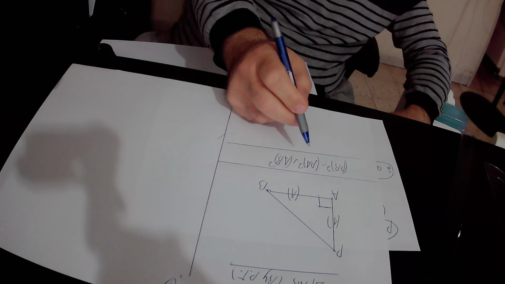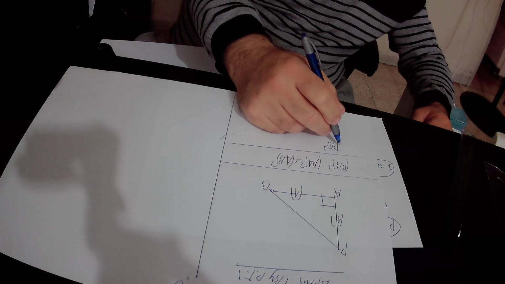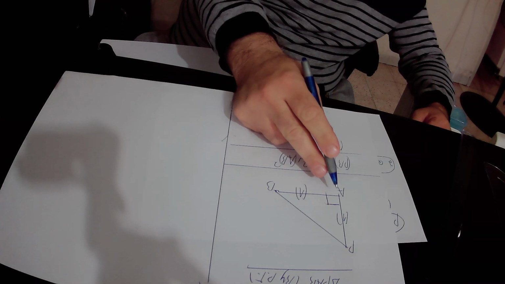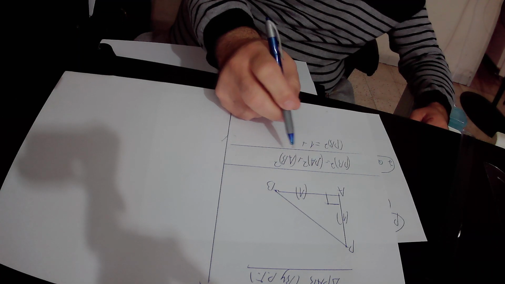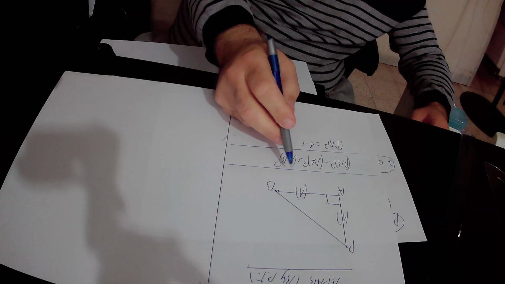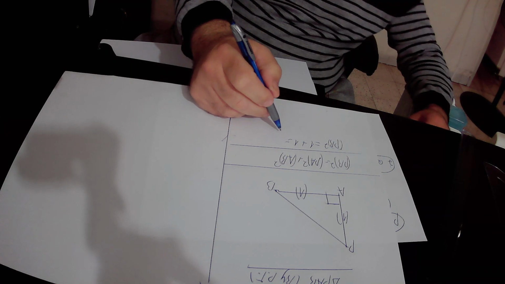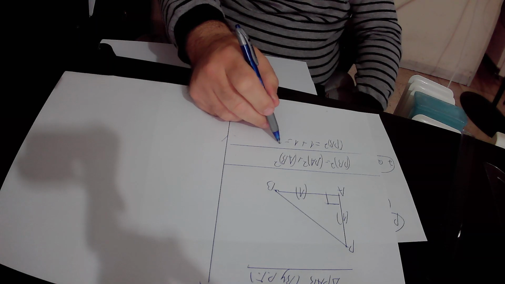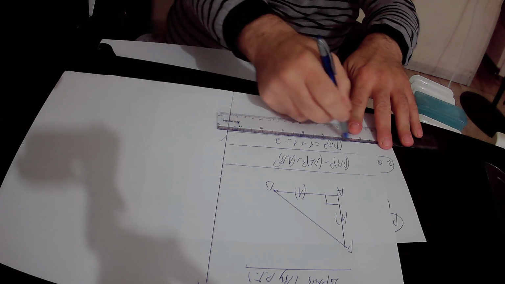So PB square equals PA square. PA is 1, therefore PA square is 1 square, that is 1, plus AB square. AB is also 1, therefore AB square is 1 square, that is 1. So in total PB square equals 1 plus 1, that is 2.